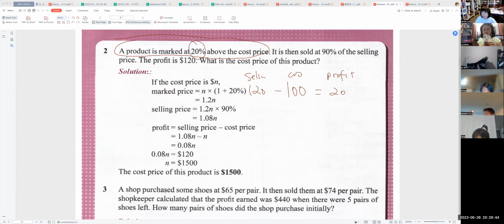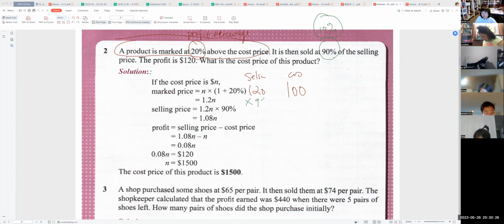Okay, so this 20% 其实是什么？Profit percentage. Correct? It's a profit percentage. It is then sold 90% of the selling price. 这句话什么意思啊？这个东西呢，原来值100块钱，对不对？卖120，我想卖120，对不对？但是啊，卖掉没有啊？还没卖掉。In order to sell it, I need to do what? 打10% off. 中国叫打9折，我们这里叫10% off.